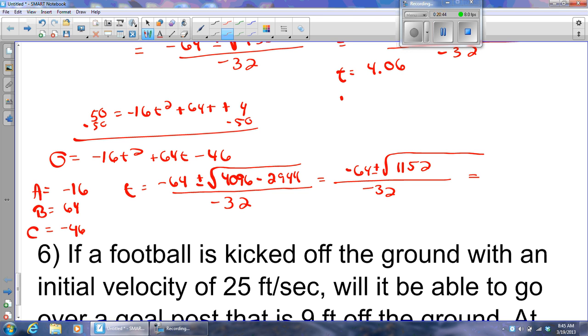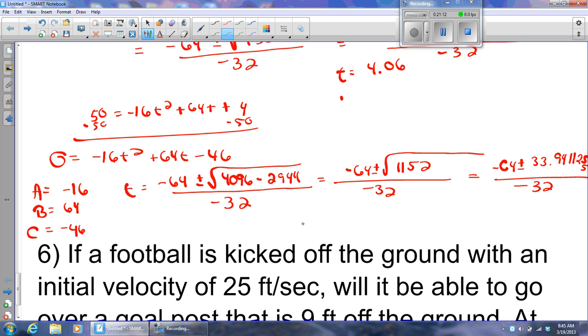And then negative 64 plus or minus 33.9411255 divided by negative 32.